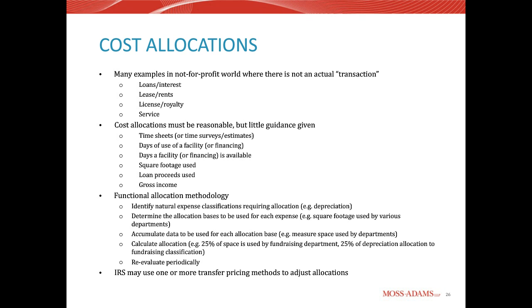What I mean by that is you have situations where one entity or one business will borrow money from a third-party lender, and then you're allocating the interest cost among the various activities. So you may think you don't have transactions, but in fact you have what effectively amount to transactions.